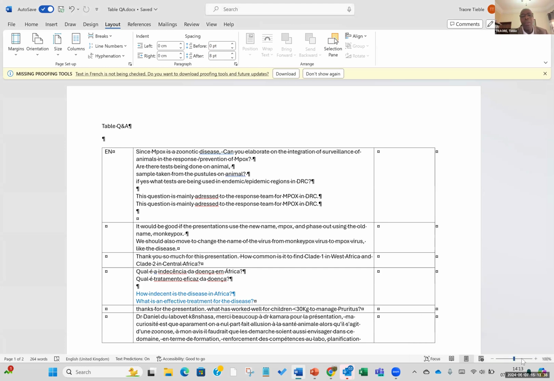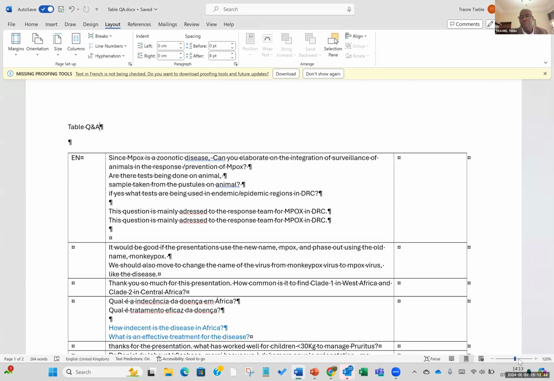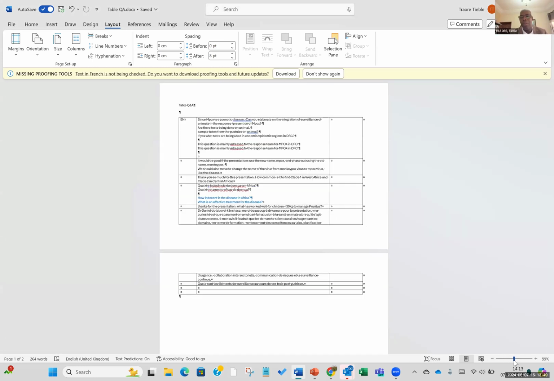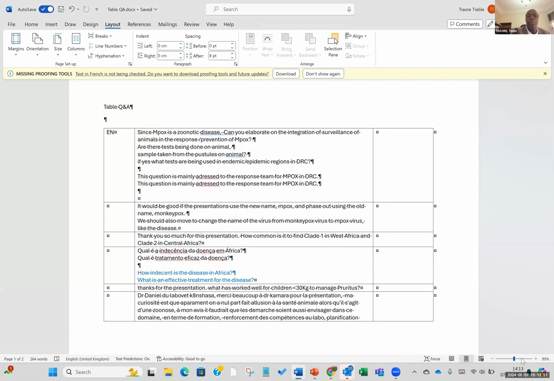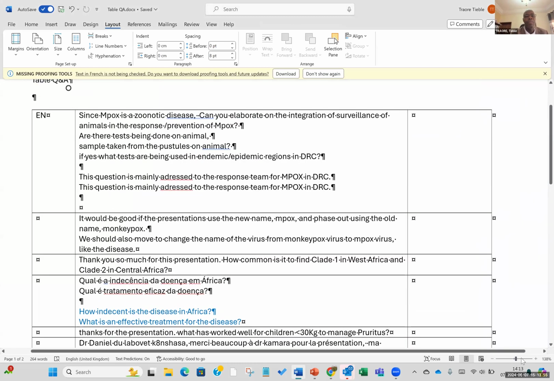Can you see my screen? Yes, now I can. I reduced the question a little bit. Yes, we can see. Okay, fantastic. Over to you.